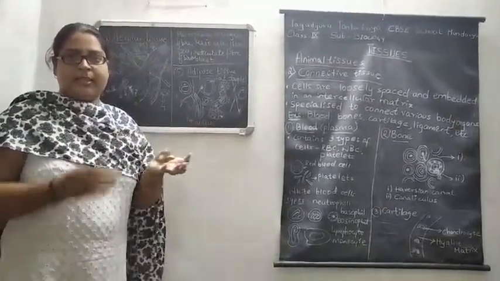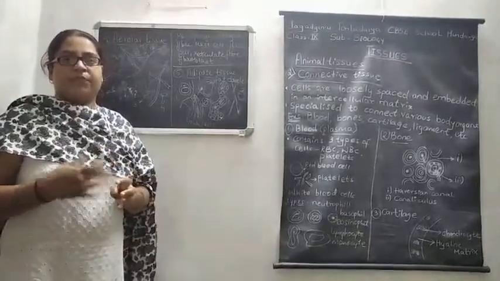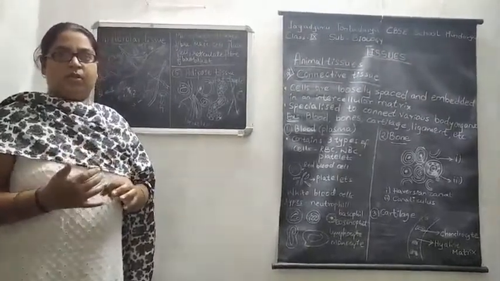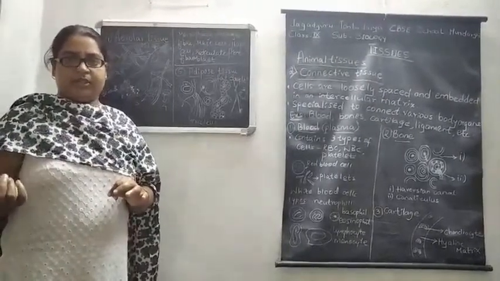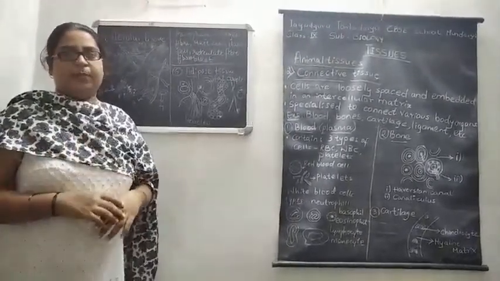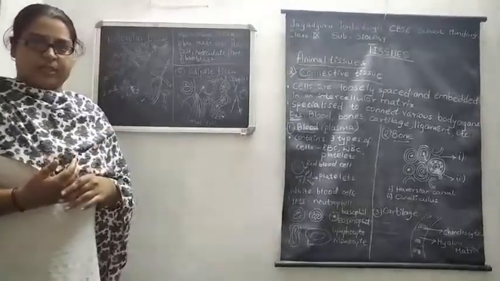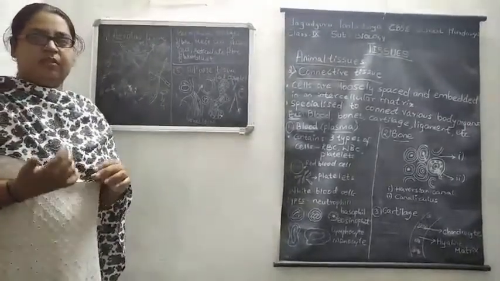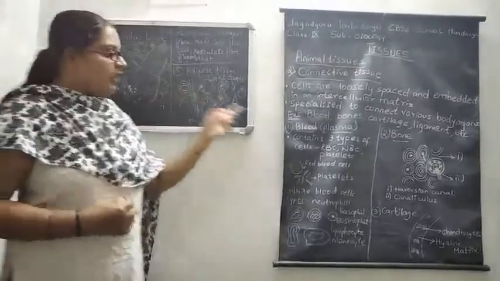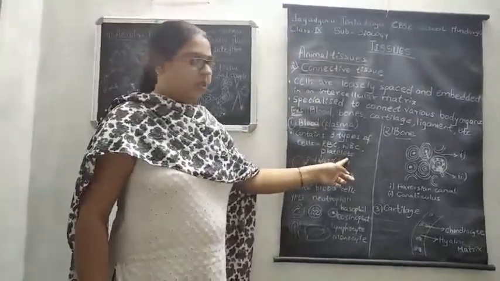Mainly it acts as an insulator, and it will control our body temperature with the external environment conditions, helping us maintain a constant temperature in our body, and also store the fat materials. So these are the different types of connective tissues.